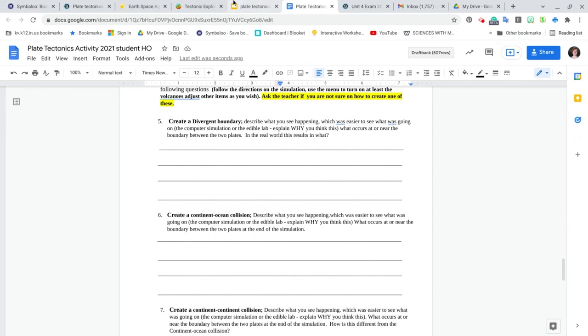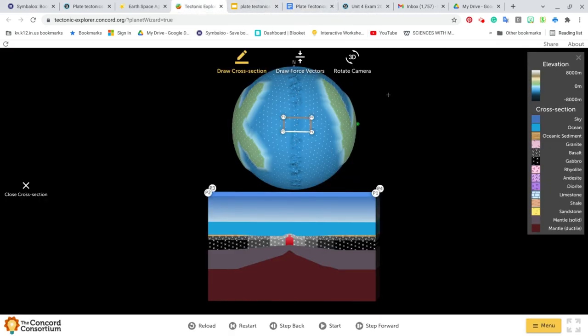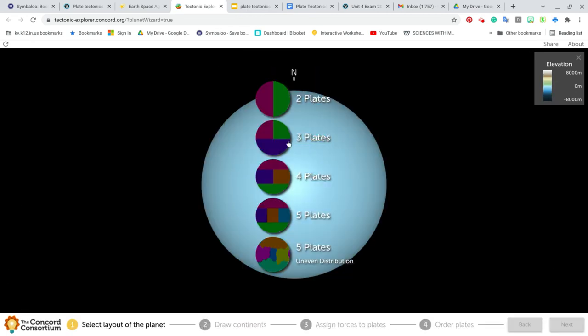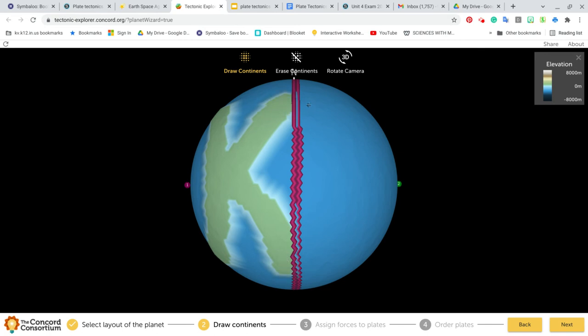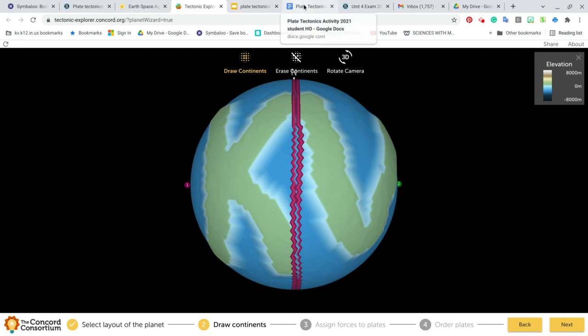It says create continent versus ocean. Continent versus ocean. Come back to here. Reload. 2 plates. Draw your continents again. Guess what? I'm sticking to KV. Okay, maybe it's not as great as a KV, but okay.